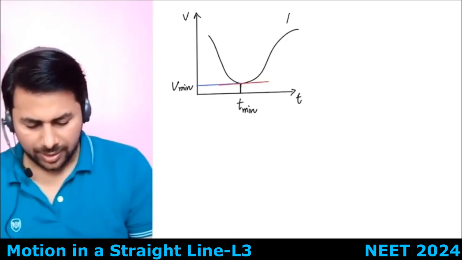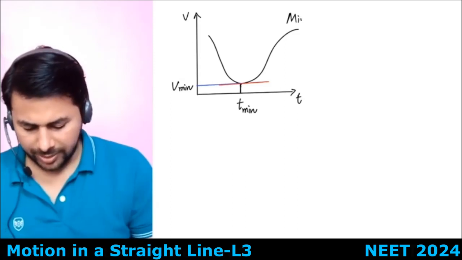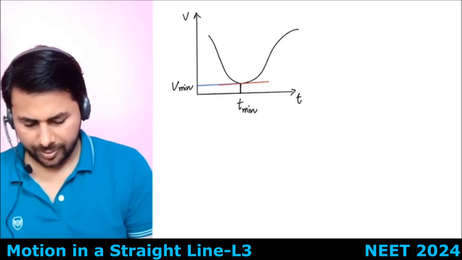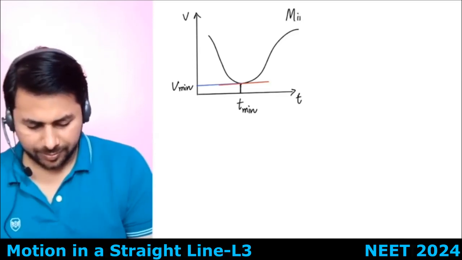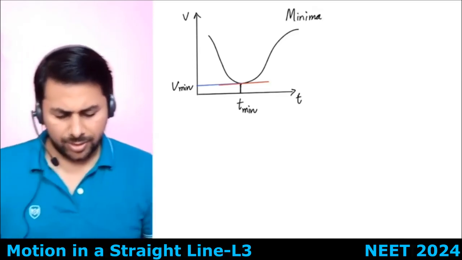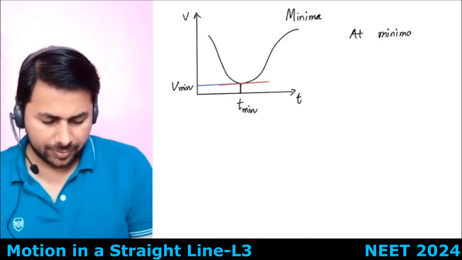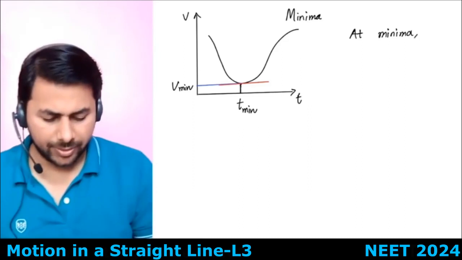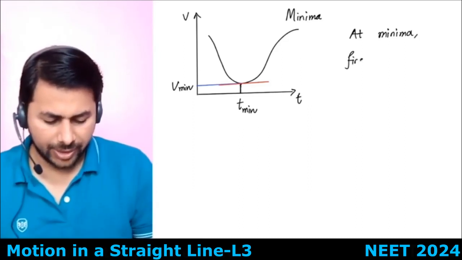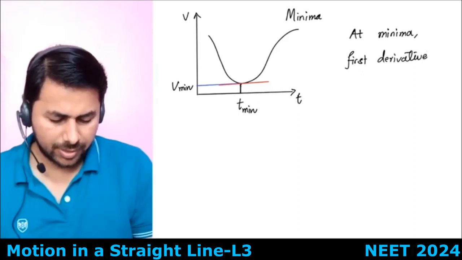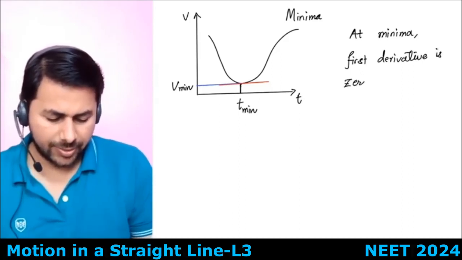That means this is a minima. Minima means minimum of a function. So at minima also, the first derivative of the function is 0.